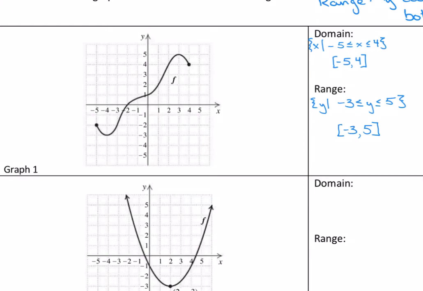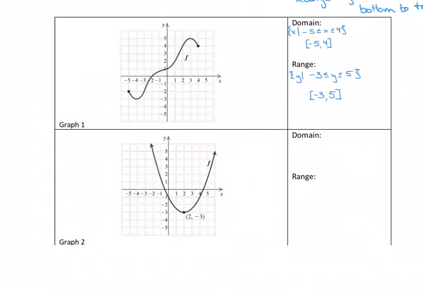This is one of the benefits of using interval notation, is that you don't have to worry about which variable to put inside your statements. If you use the wrong variable for domain, if I used y, then it is considered incorrect. Same thing if I used x when I'm talking about my range. So that is one of the nice things about using interval notation, is you don't have to keep track of the variable. Alright, that takes care of graph 1.